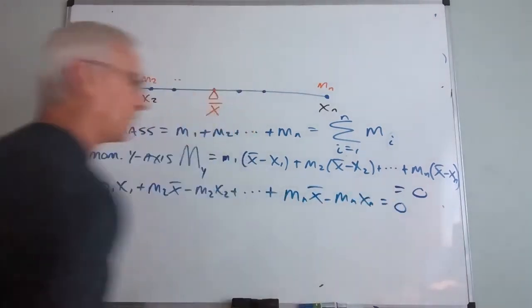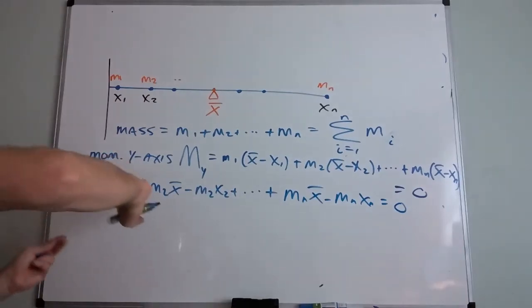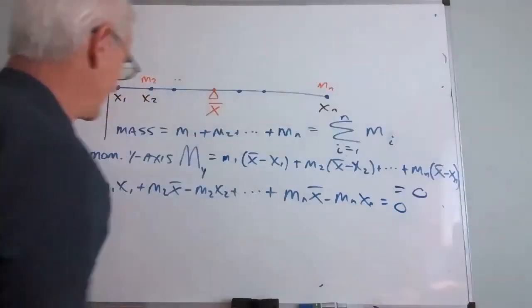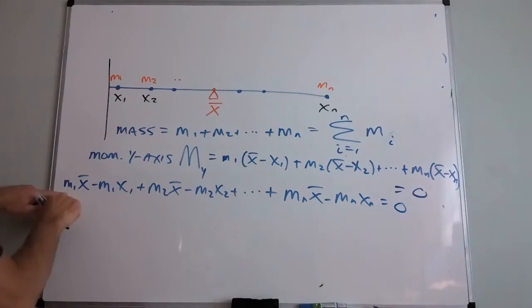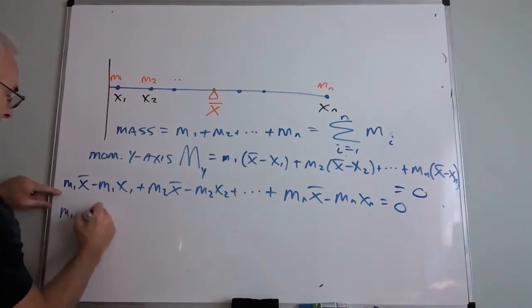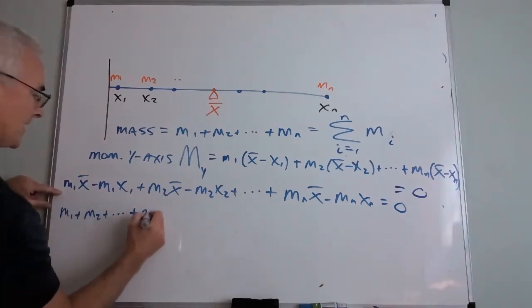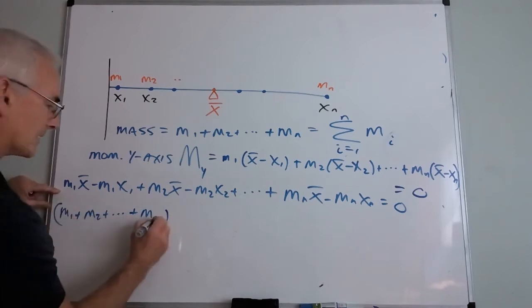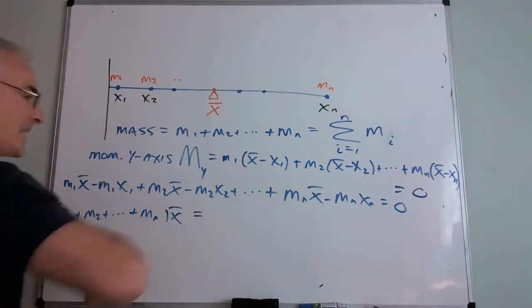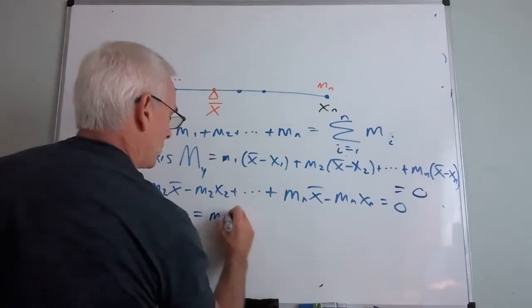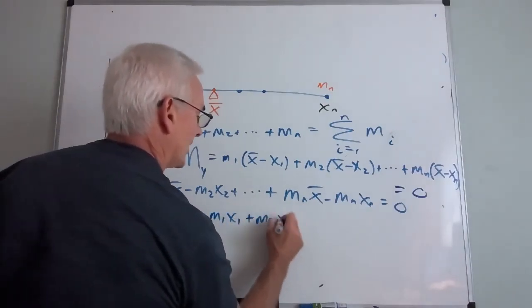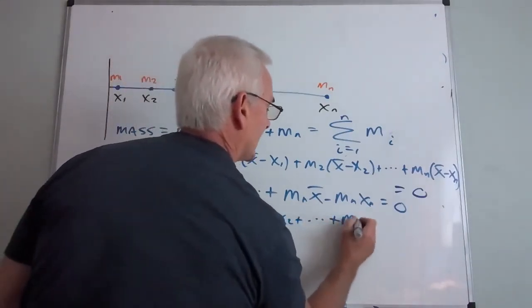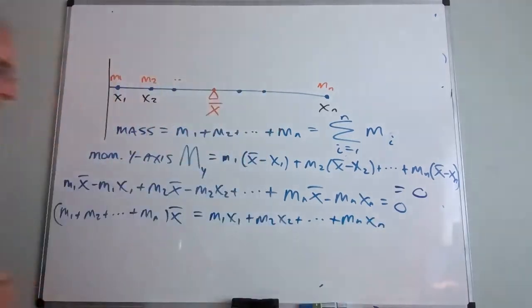And since that equals 0, why don't I throw all the minuses on the other side? Then I have (m1 plus m2 plus all the way up to mn) times x bar. And on the other side, I have m1 x1 plus m2 x2 plus all the way to mn xn.